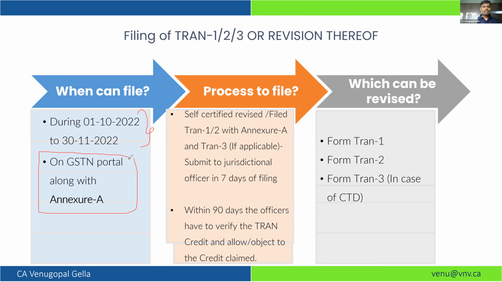If you have already filed the form, you will be giving the details in part 4. If you are furnishing for the first time, you will skip part 4 and jump to table 5. It has given some instructions.